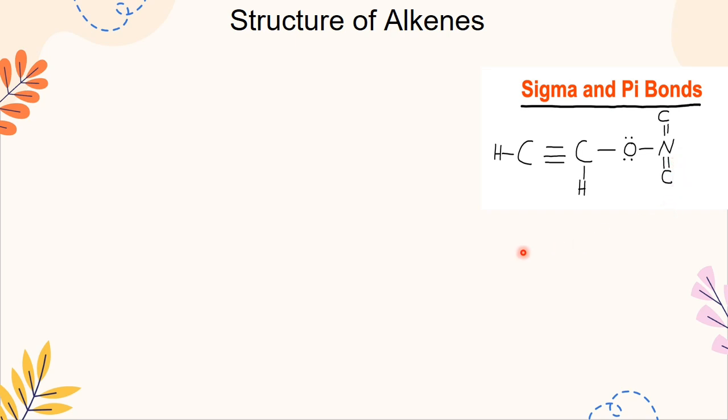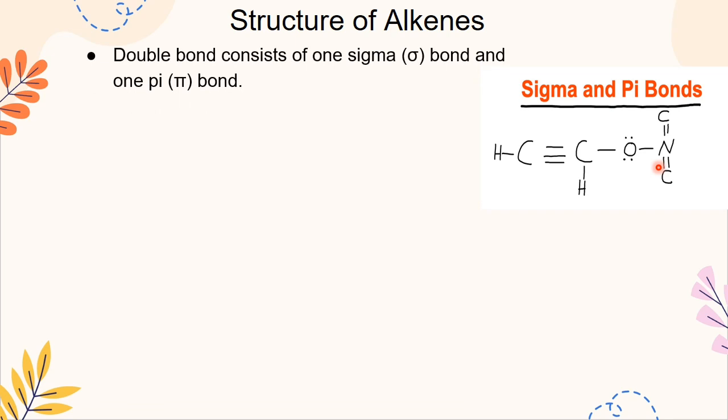Then we take another bond here, 7. Now let's count the pi bond. The pi bond now we have 1, 2, 3, and 4. So we have 7 sigma bond and 4 pi bonds.